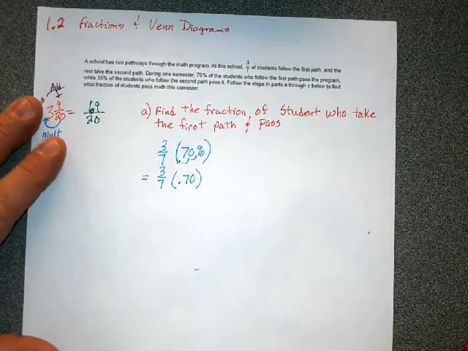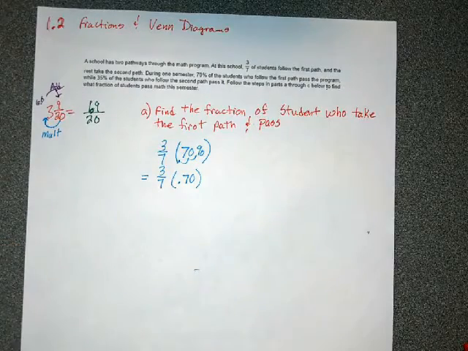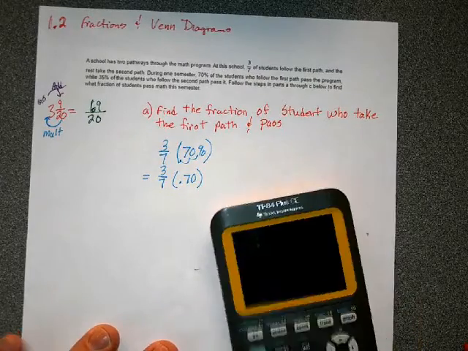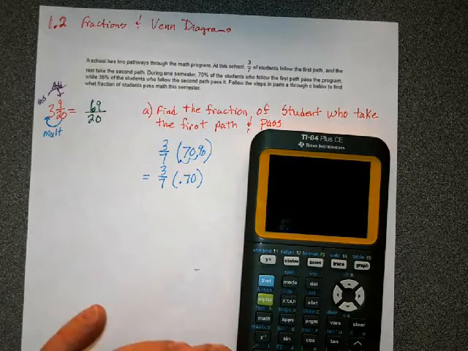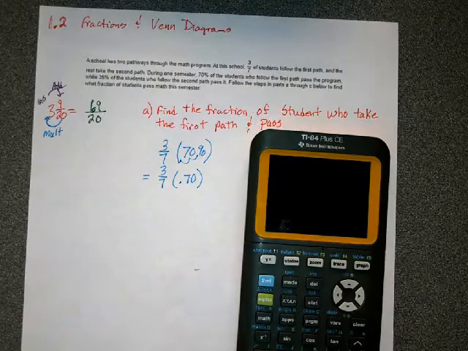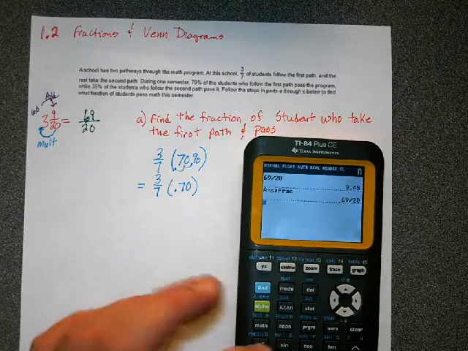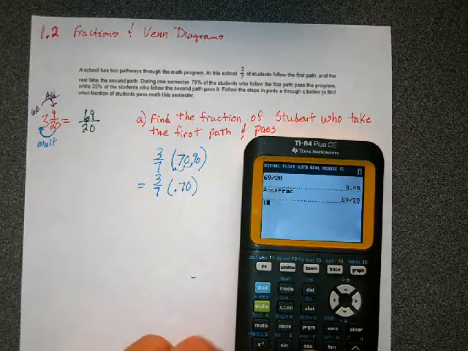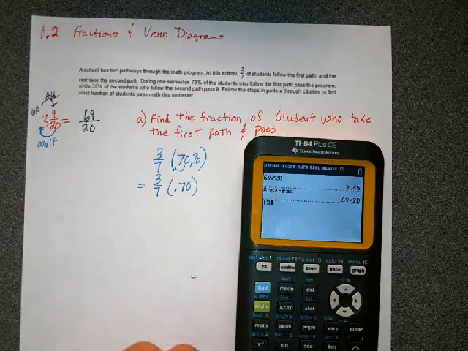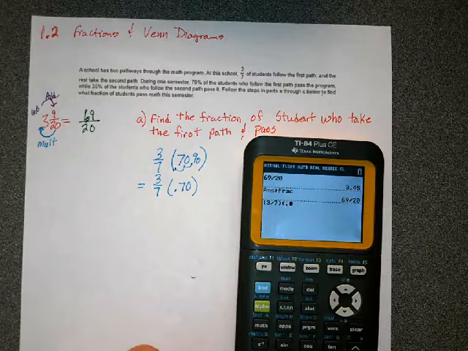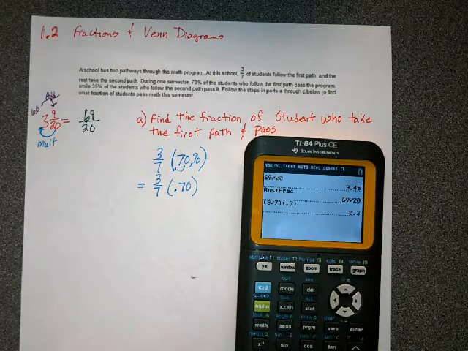And what do I get? Let's see, it should be what, 3? You could do this a couple of ways. Again, I'm going to use my calculator because you guys always have a calculator at hand. So 3 divided by 7 is my 3/7, times 0.7, point 3.